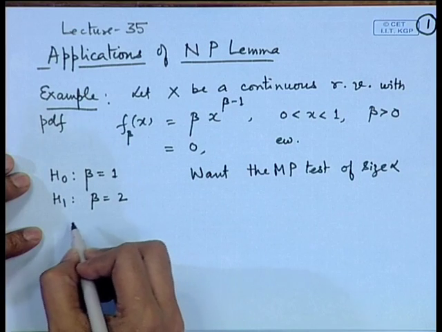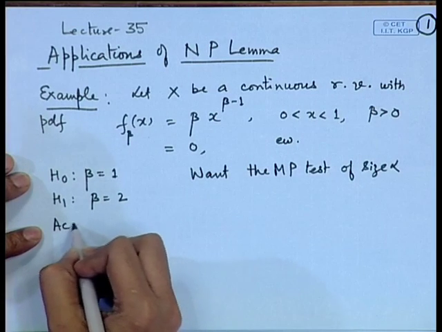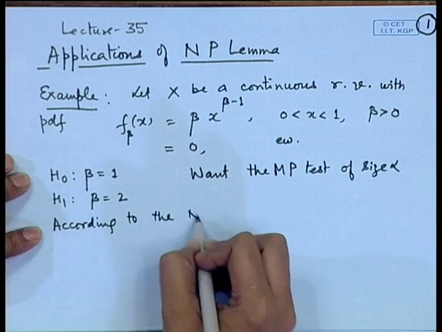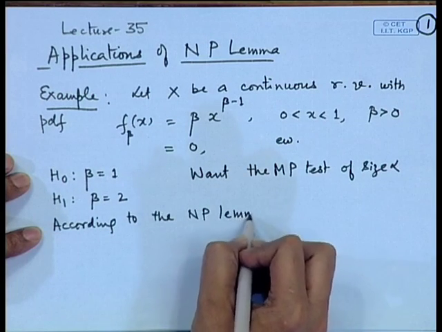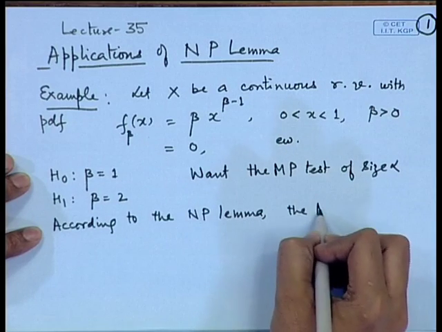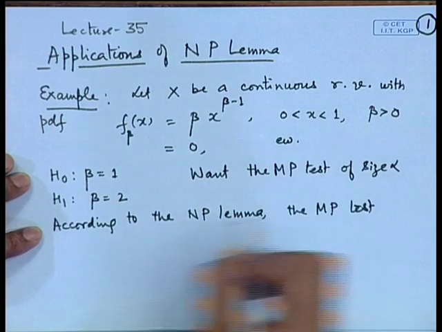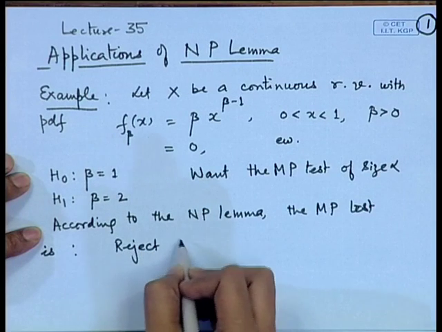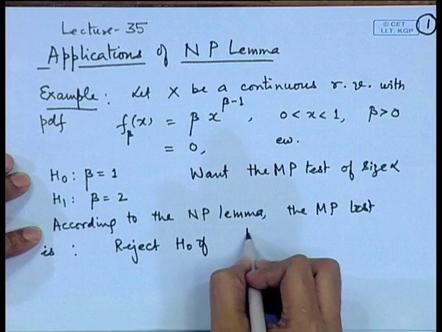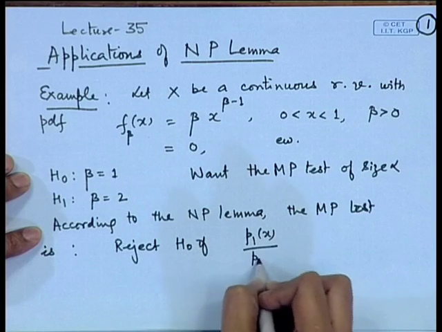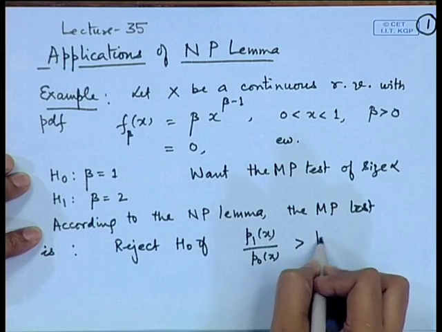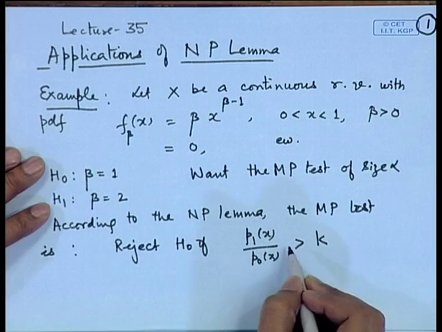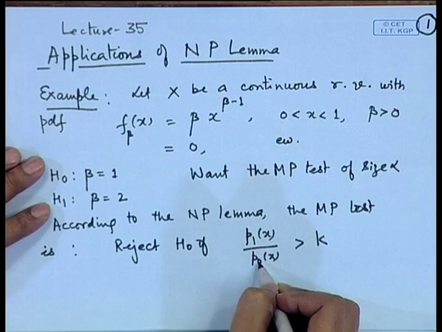According to the Neyman Pearson lemma, the most powerful test is: reject H naught if p 1 of x by p naught of x is greater than k. Now, this is the quantity which we can analyze here. What is p 1 and what is p naught here?